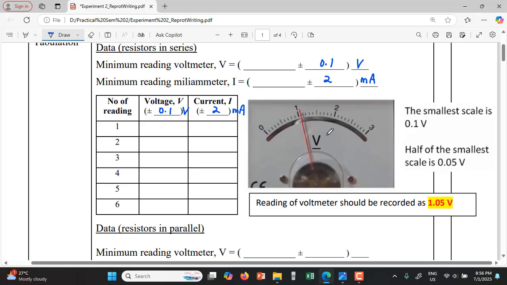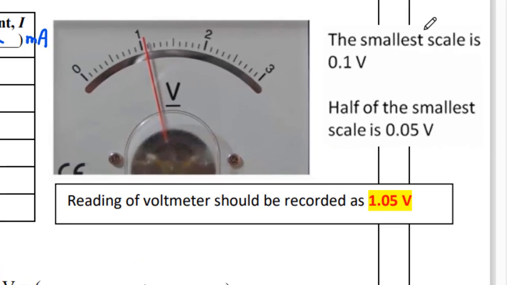So, contohnya untuk gambar voltmeter ni, the smallest scale is 0.1 volt. But then, kalau kita baca sampai separuh daripada skala terkecil, then our uncertainty should be half of the smallest scale, which is 0.05 volt.